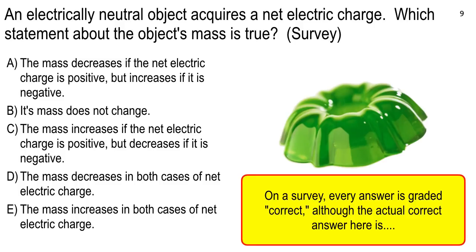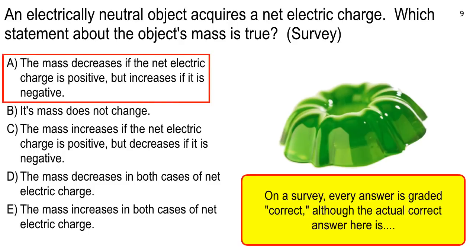A lot of you voted for A. All right, I see some people screwing around in there. This is actually the correct answer. You might want to make a note of it. Yeah, the mass decreases if the net electric charge is positive.